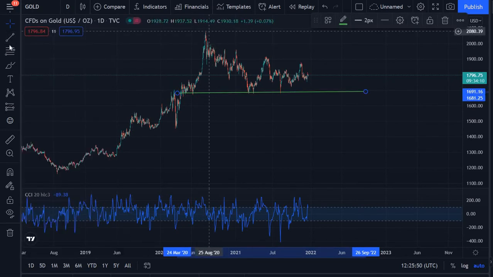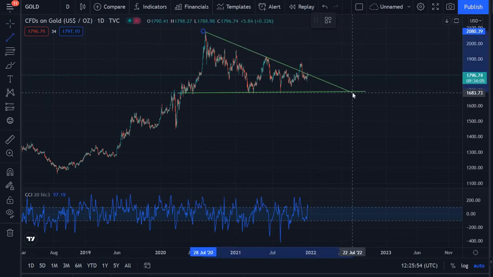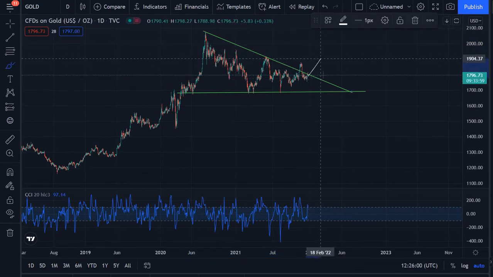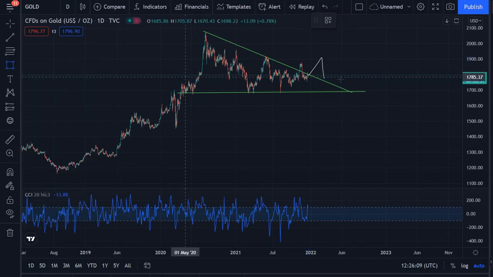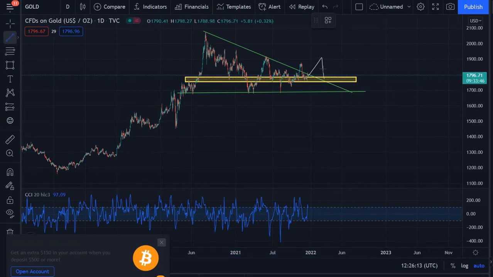If we draw something like this here, maybe a false breakout, so we could here see another one and then come to this zone again. If we do, then this could mean a breakout to the upside, and we could go all the way up here.